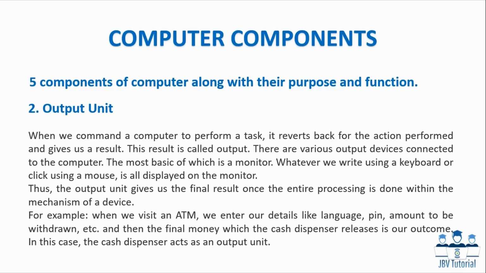Thus, the output unit gives us the final result once the entire processing is done within the mechanism of a device. For example, when we visit an ATM, we enter our details like language, PIN, amount to be withdrawn, etc., and then the final money which the cash dispenser releases is our outcome. In this case, the cash dispenser acts as an output unit.